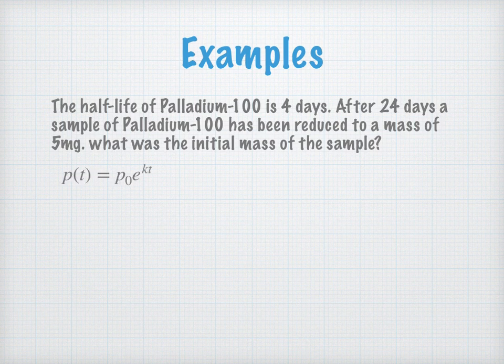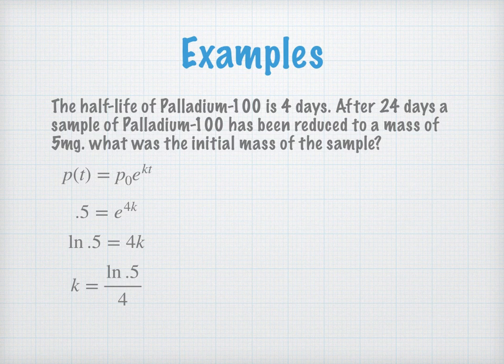Well, again, remember that our population size will be modeled by P of t equals initial population times e raised to the kt. Knowing our half-life, we could say 0.5 equals e raised to the 4k, because 4 is the amount of days for our half-life. Solving for k, we have k equals the natural log of 0.5 divided by 4.